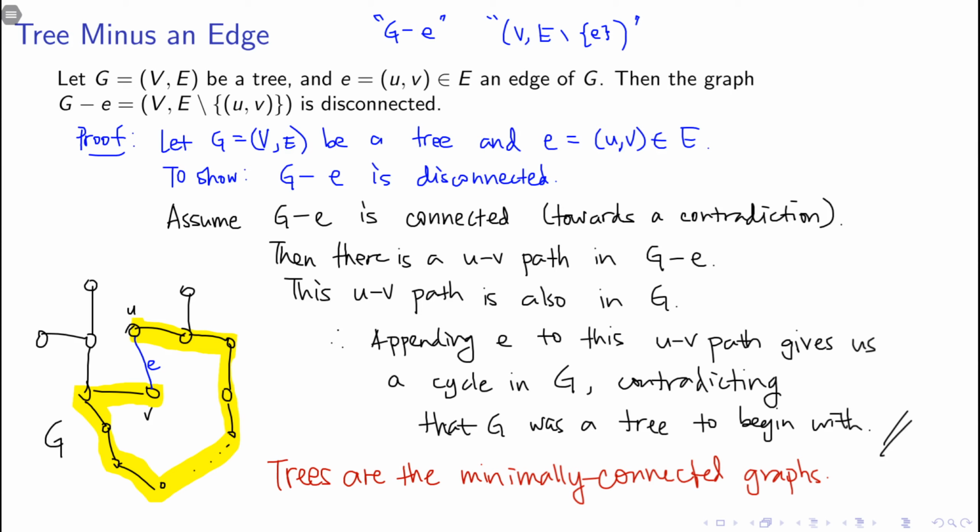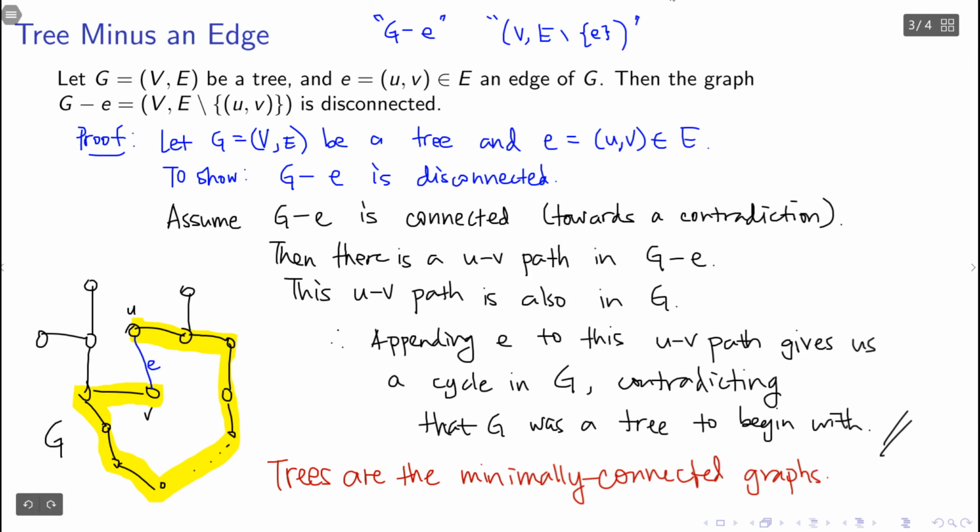Right? In the sense that they're, in some sense, the smallest kinds of graphs that remain connected. So you remove anything from them, connection disappears, right? They become disconnected. And this will come up in some of our other proofs when we characterize trees.